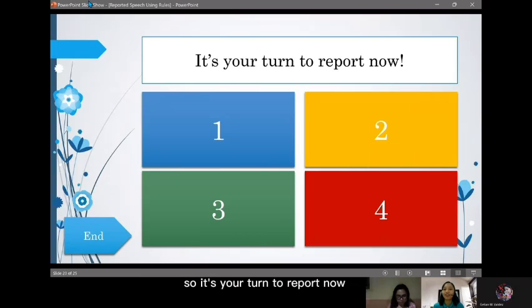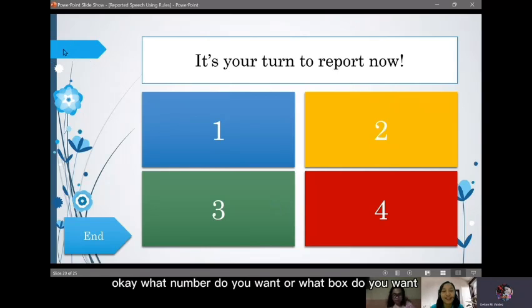You are going to choose among these boxes. So let's see what they have for you inside, okay? Is there any volunteer who wants to try first? Lois, do you want to try? Yes, ma'am. Sure.